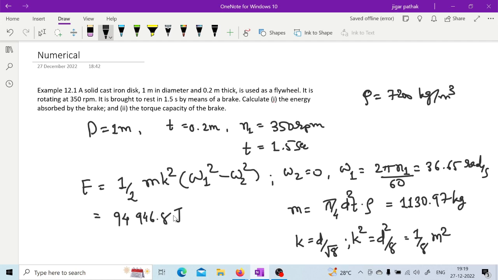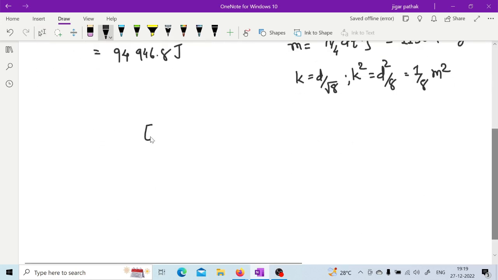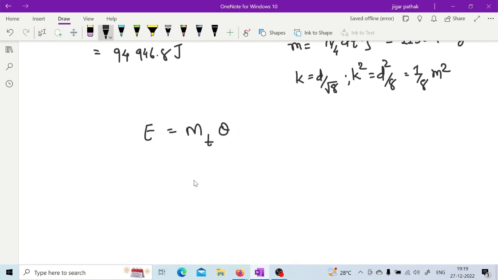Now what you need to do is calculate the torque capacity. In order to have an idea about the torque capacity, energy is equal to torque into the angle traversed, that theta which we have seen. E is equal to Mt into theta. So now you have already calculated energy, right?